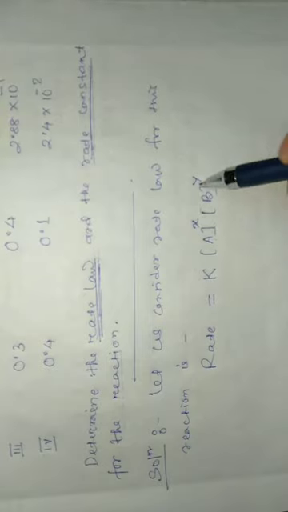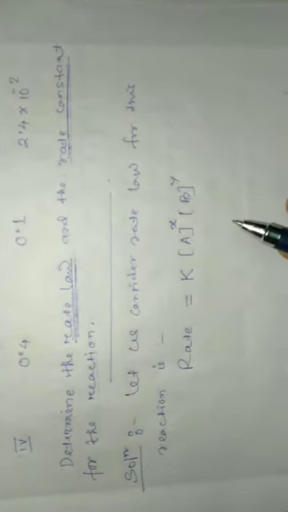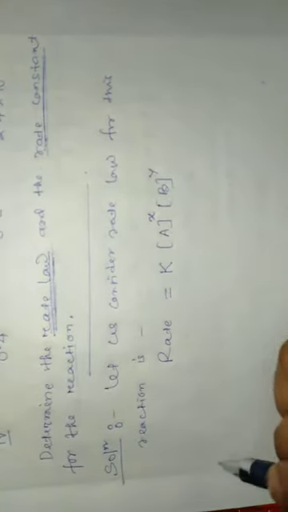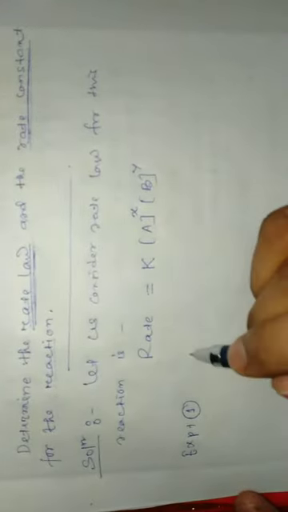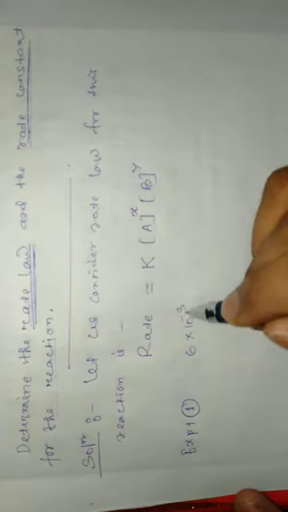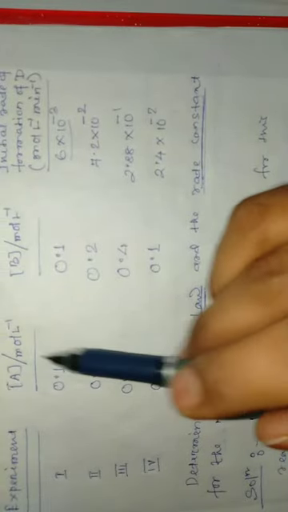So we have to calculate the values of X and Y for this rate expression. To find the X and Y values, we have to take the help of the 4 different experiments. Now in experiment 1, the rate is 6 into 10 to the power minus 3 equal to K into concentration of A, which is 0.1, and concentration of B also 0.1.